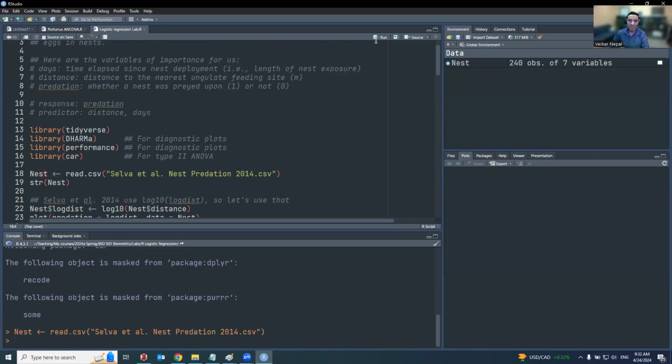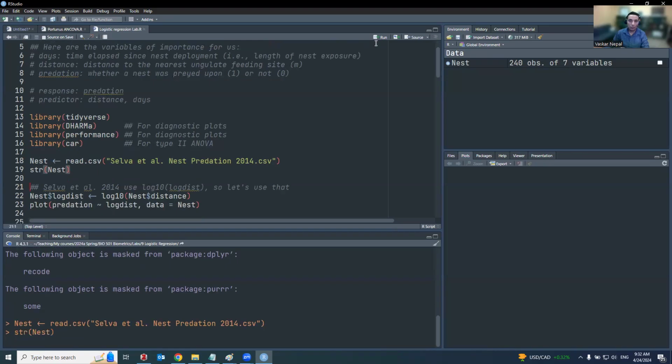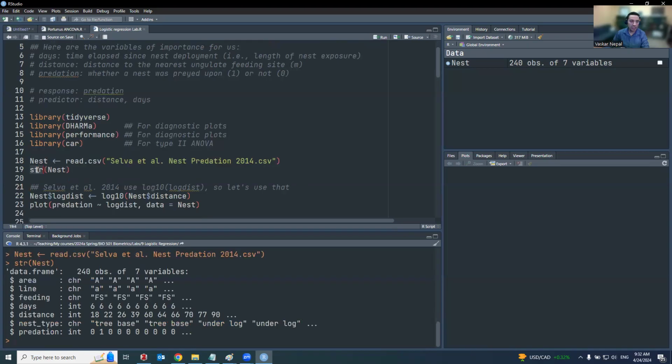All right, nest. So remember, the first thing to do after reading the data is to check whether it actually looks okay. One of the ways to do that is by looking at its structure. And this tells us that it is a data frame. It has 240 rows and 7 variables. So that looks like that's what we need.